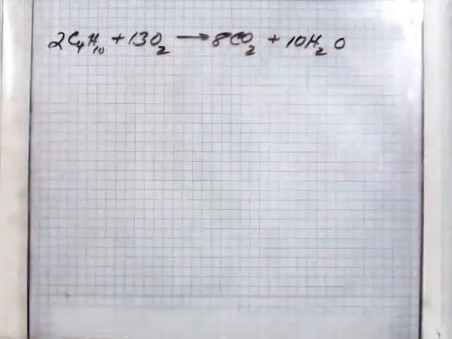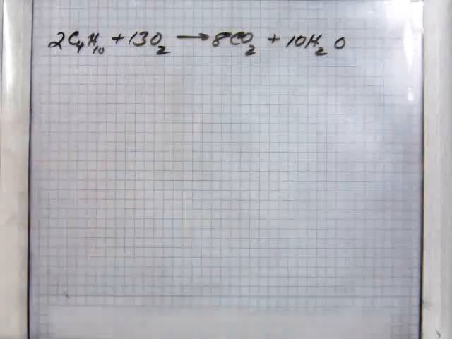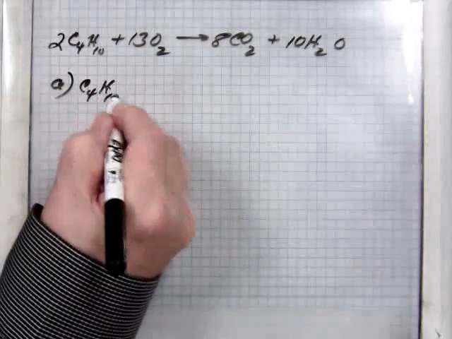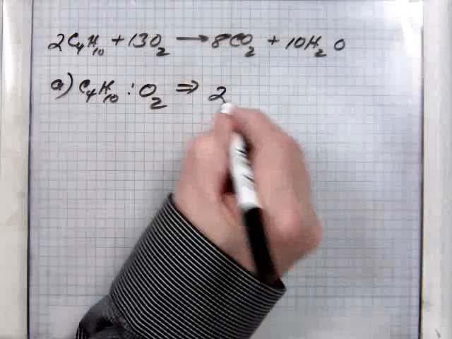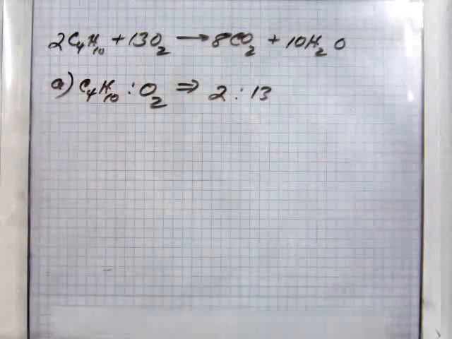And it's asking you, well, what's the ratio of butane and oxygen? Well, look at this: C4H10 to O2, and that's a 2 to 13. That's 2 moles to 13 moles.